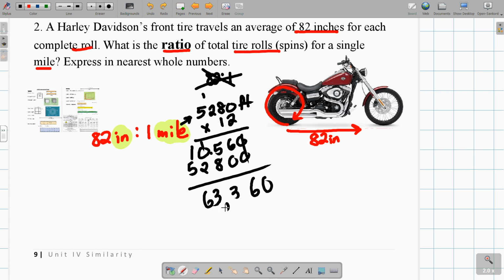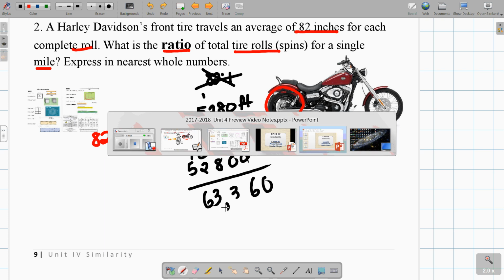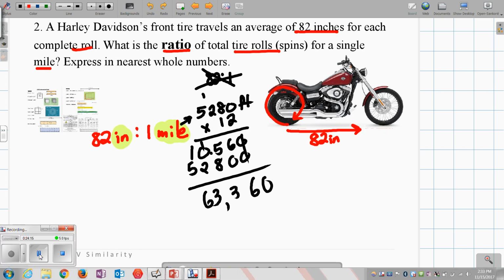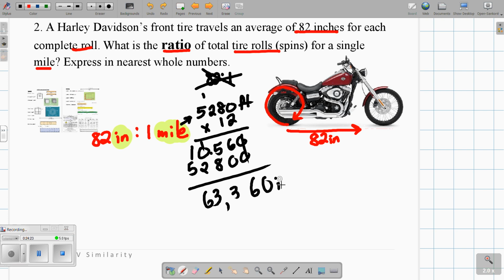So in a single mile, alrighty, from here, all you do, we now know we're inches to inches. We have 82 and 63,360. Simply divide by 2 and just keep going until you're all the way down.